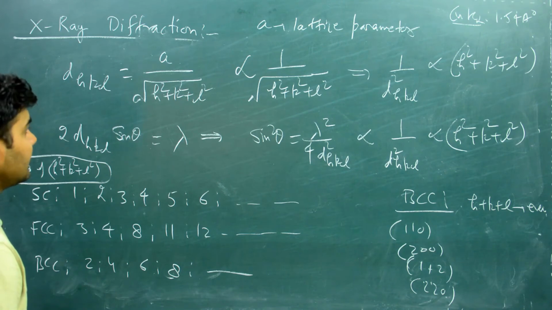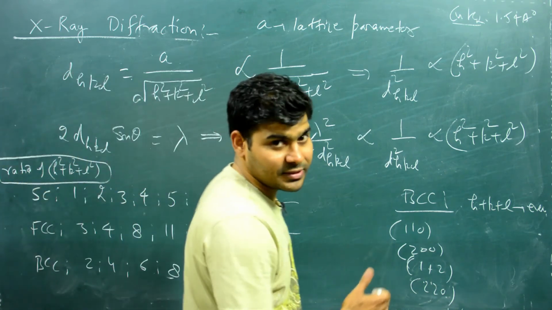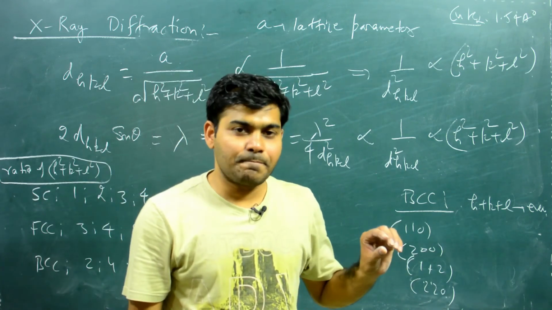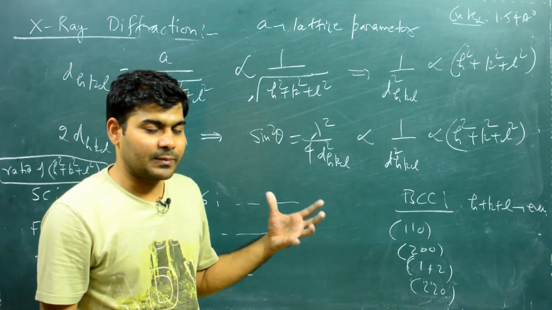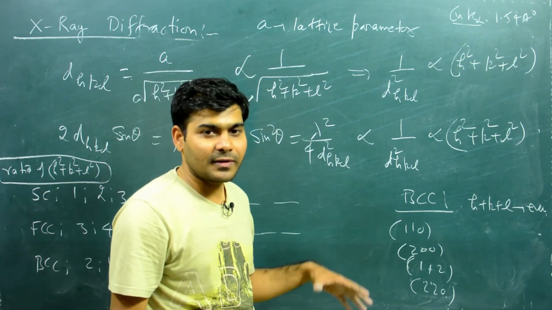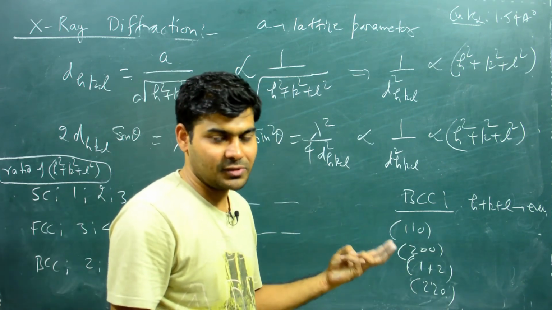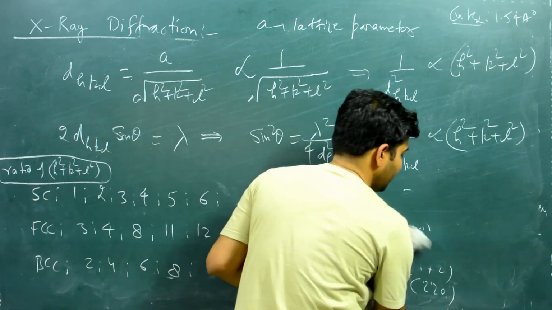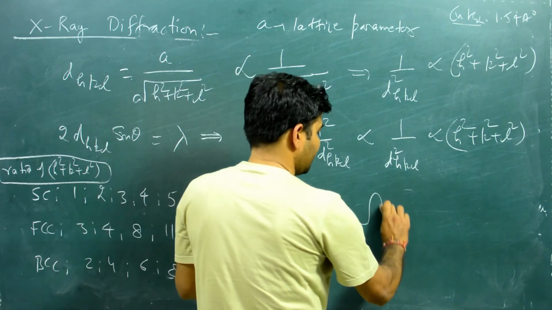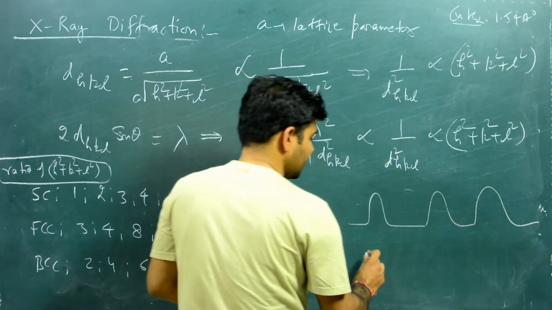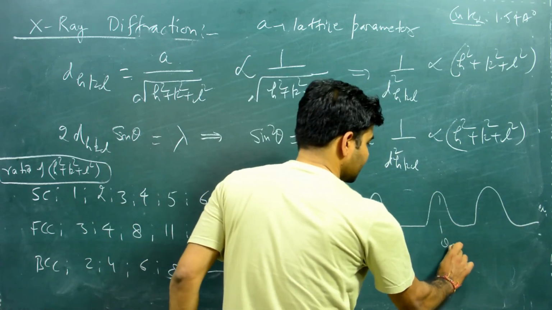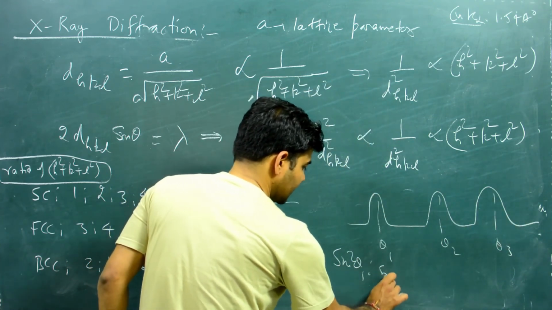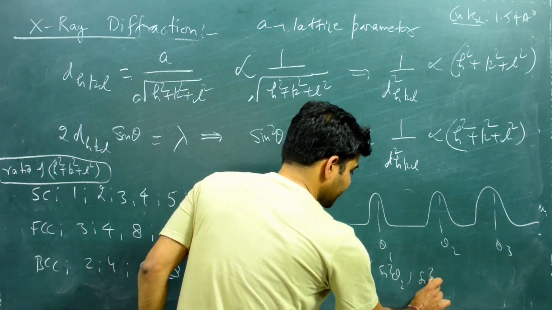So to answer the question that I asked in the beginning: if I have been given an XRD pattern of a sample, and I have been asked to find out which crystal structure out of these three possibilities, simple cubic, FCC or BCC, is present, what I will have to do is find out the ratio of sine square theta 1, sine square theta 2, sine square theta 3, and so on and so forth, from the given XRD pattern.